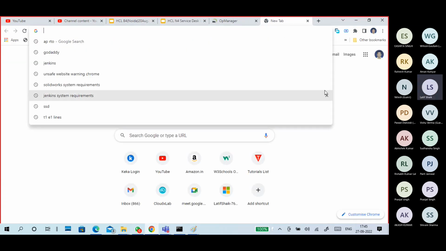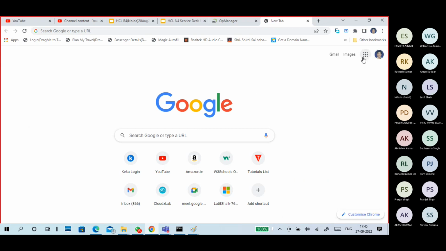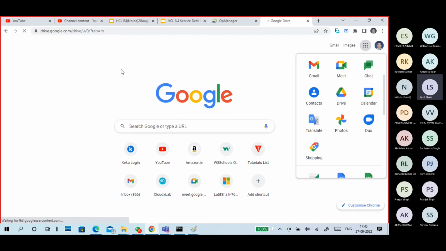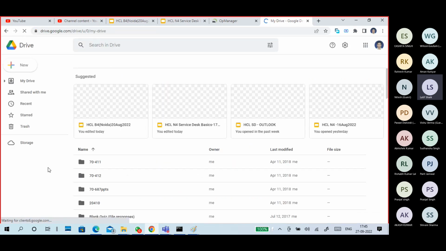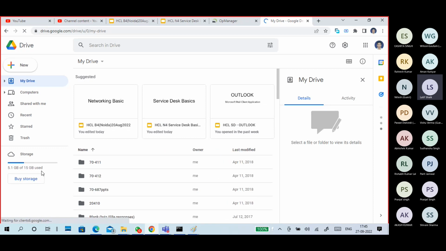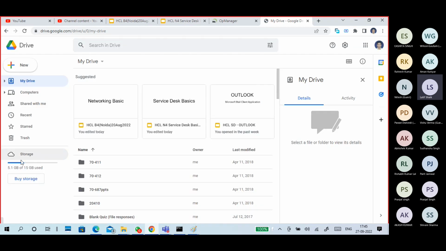Where is my Google Drive? This is my Google Drive. In email also, okay, no problem. But the important thing is this is my Google Drive, right? In my Google Drive, I don't want any shortcuts now. Here, 5.5 GB out of 15 GB is used.